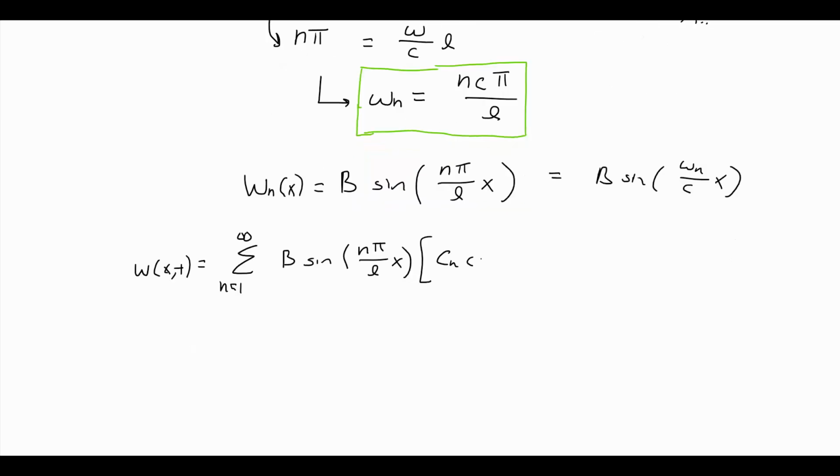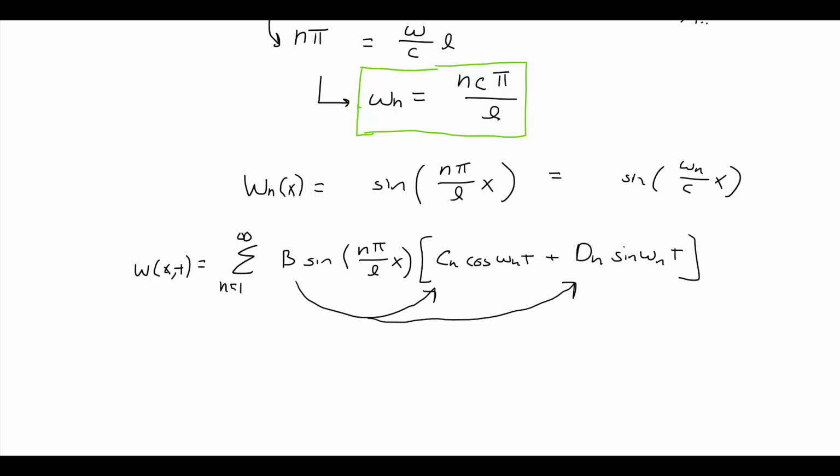Times c sub n times the cosine of omega n times t, that's the natural frequency, plus d sub n sine omega n times t. So what's going to happen is I have this b on the outside. I can distribute that into the c n and the d n. And that's why, because I haven't figured out c n or d n yet, I can just have them absorb this b when I do my solution. So instead of including a b in the eigenfunction, I'm going to get rid of it, and it will be accounted for when I solve for c n and d n.